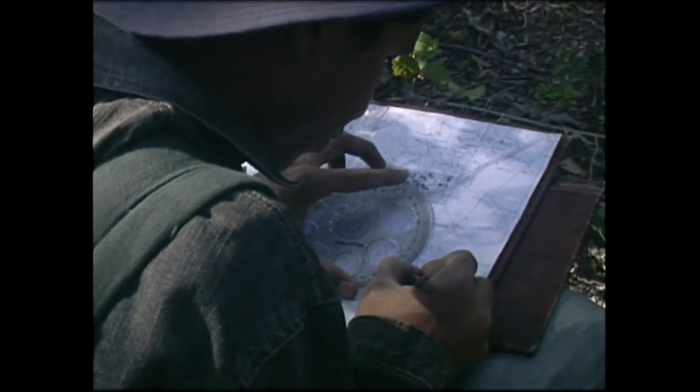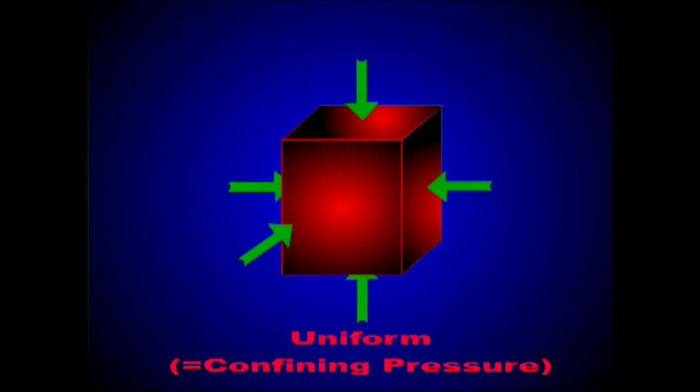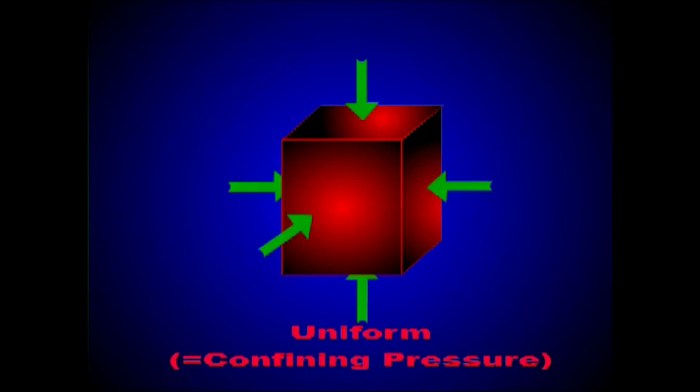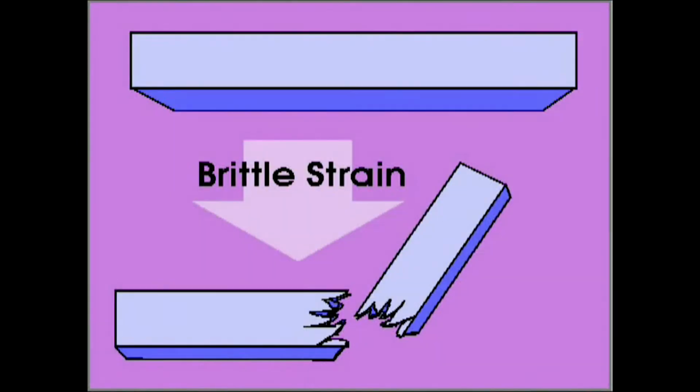We have seen how there are different types of structures developed as a result of applied directed stress onto the rocks. Some structures form in response to the applied directed stress by deforming in a plastic or ductile manner, and some structures form by responding in a brittle manner by fracturing.